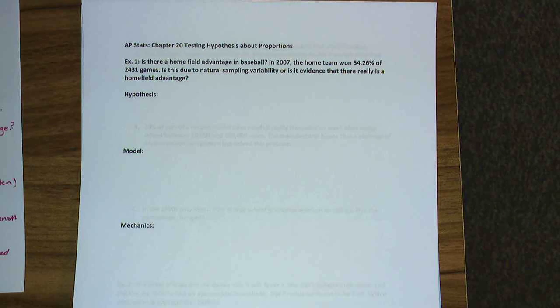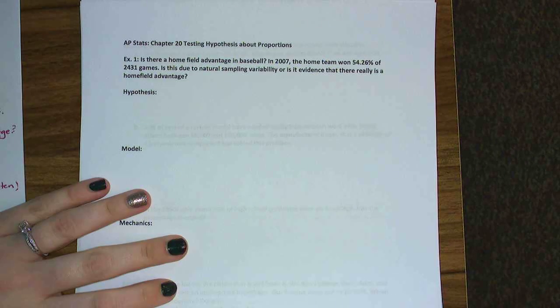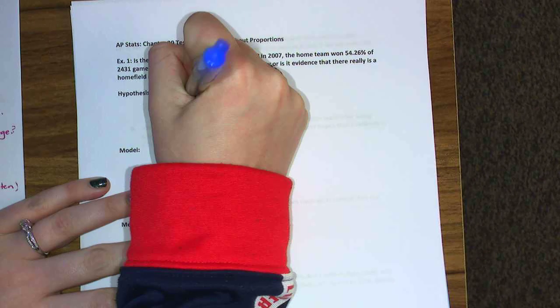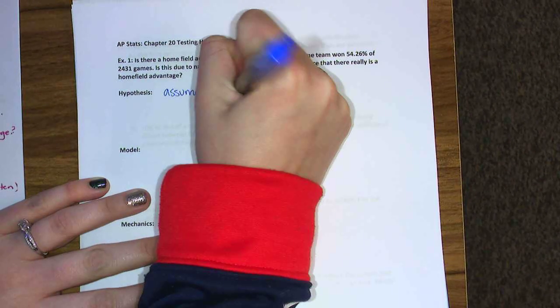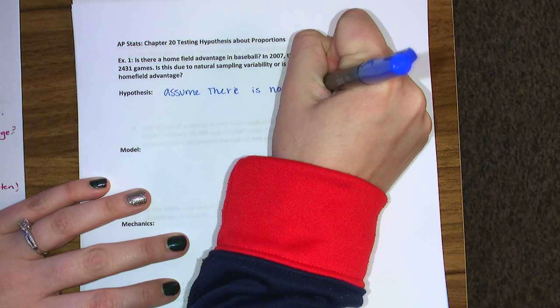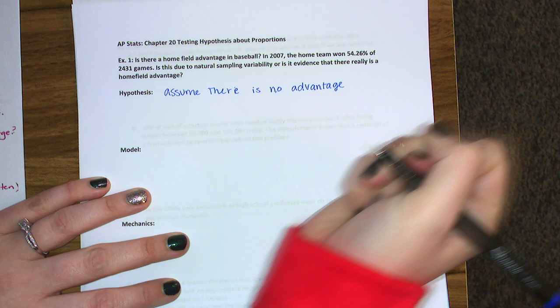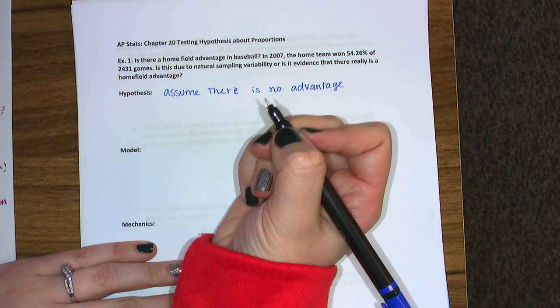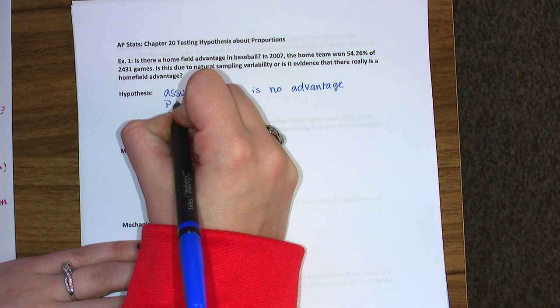So, for our hypothesis, we are going to assume there is no advantage. And p is going to be the proportion of games won.